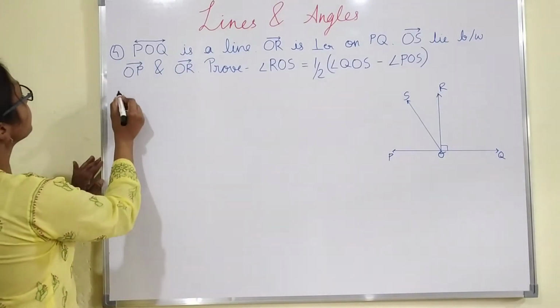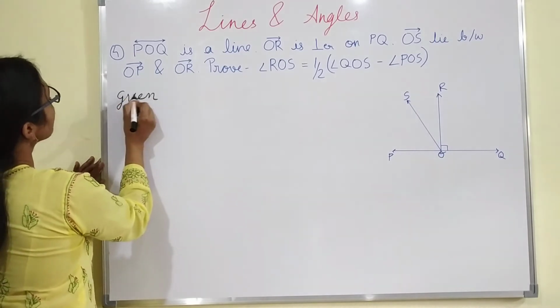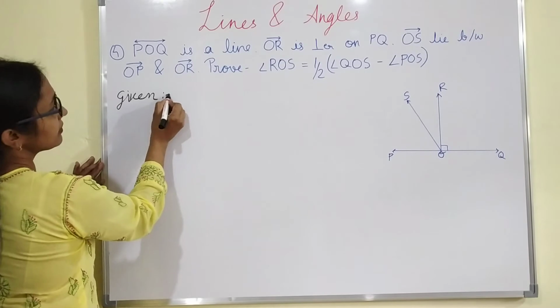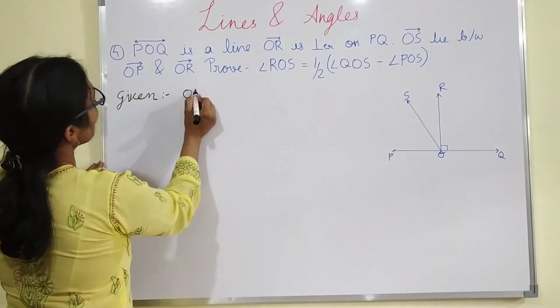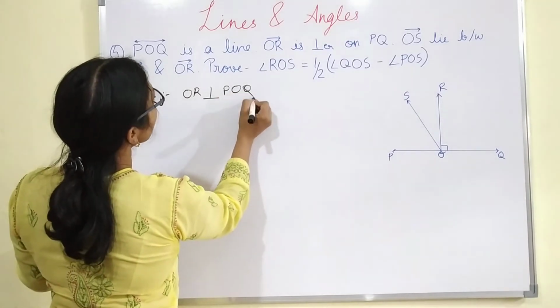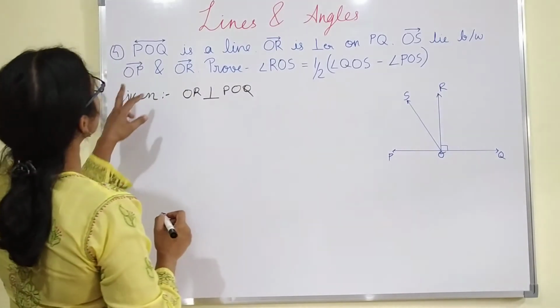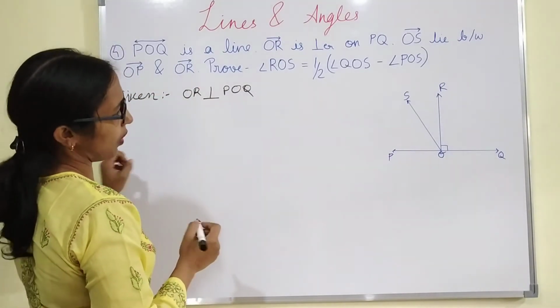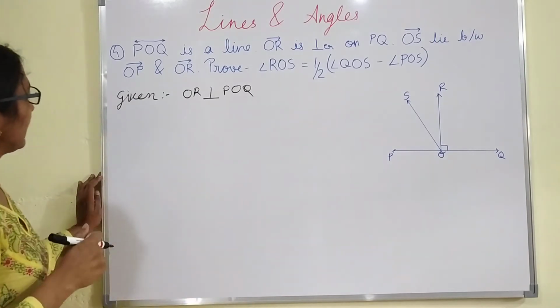So given, OR is perpendicular on POQ, and OS is a line between OP and OR. No need to write it.